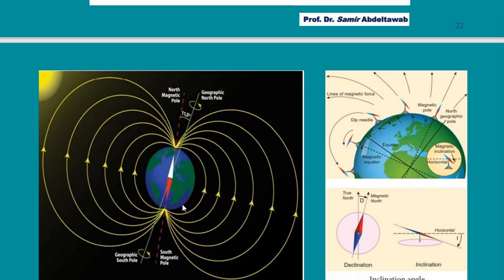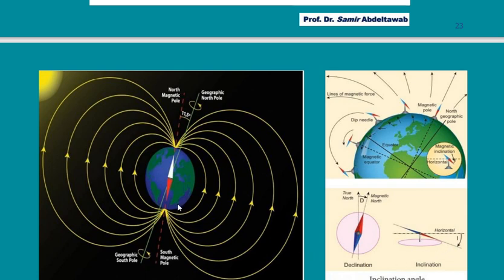If I am at this location, the needle will point in a direction, say the tangent of the magnetic field. So this will be the shape of the needle, to understand the difference between declination and inclination. The needle will be pointing a little bit downward or a little bit upward, depending on its location.